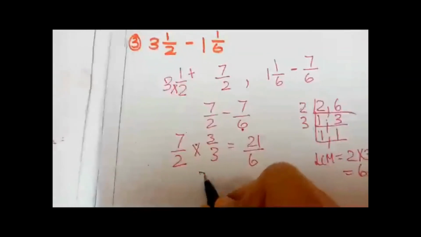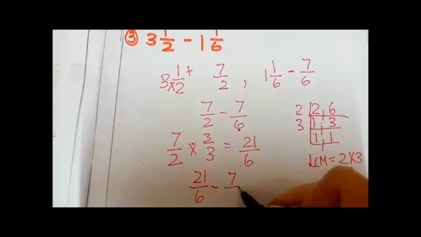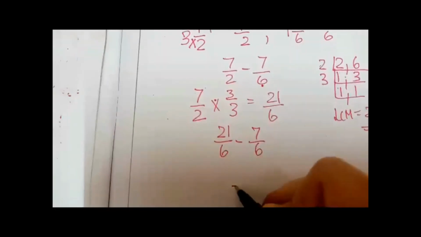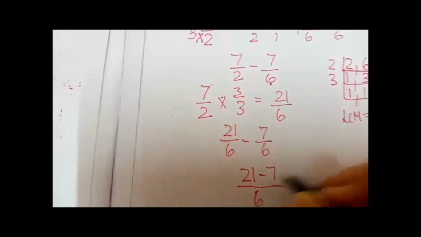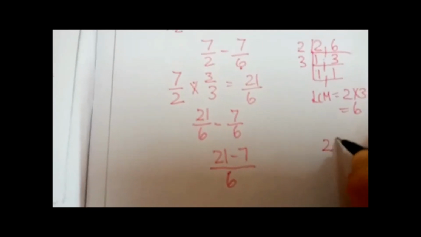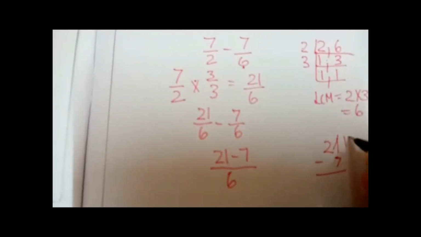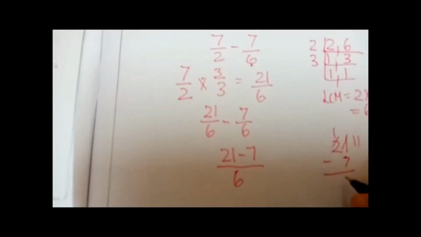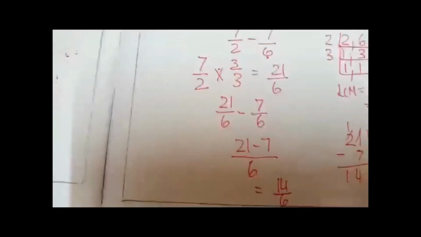Now rewrite it again. 21 by 6 minus 7 by 6. We have a common denominator here. So write it once commonly. 21 minus 7, which is 14. So the answer is 14 by 6.